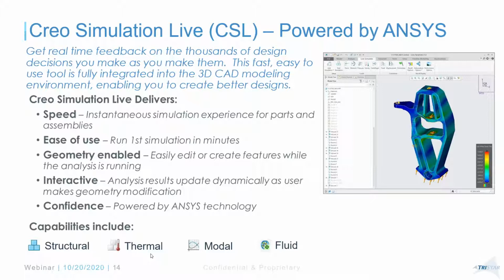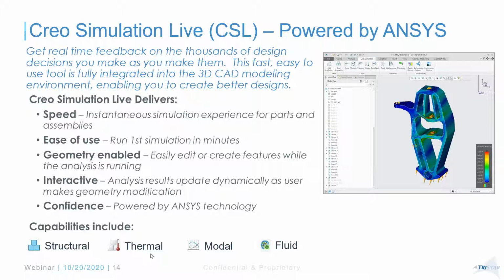And you're able to make quick edits to the geometry, your regular Creo edits or creating features, and you're going to get immediate feedback. You could also have the results displayed while in the modeling environment. So you're just in your regular Creo design mode, part mode, or assembly mode, or sheet metal mode, what have you, but you're able to get that instant feedback, right?